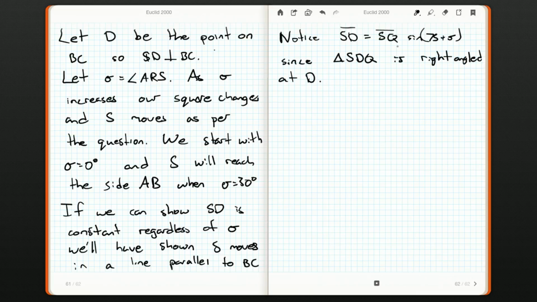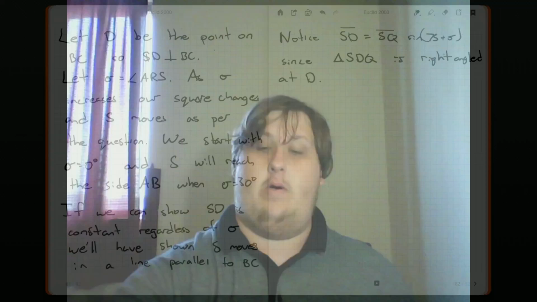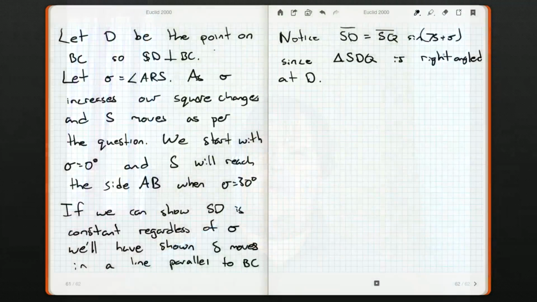So if we can just figure out SQ in terms of sigma, we can plug that in and hopefully everything will cancel out. I'm seeing that we're probably going to have to use a bunch of sines and cosines of something plus sigma. So already in my mind, I'm starting to try and remember, okay, what is the double angle formula? What is the cos of a plus b? What is the sine of a plus b? What is the sine of a minus b? And so on. These are formulas that we should know, and if they get brought up, then we're going to be using them. Okay? But already I think that sort of thing is going to pop out.